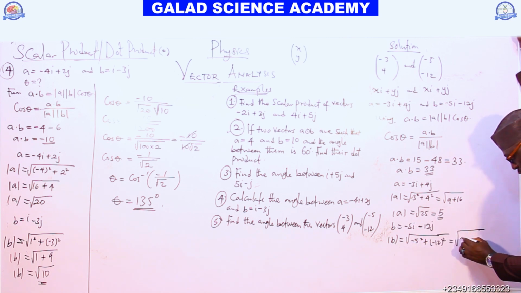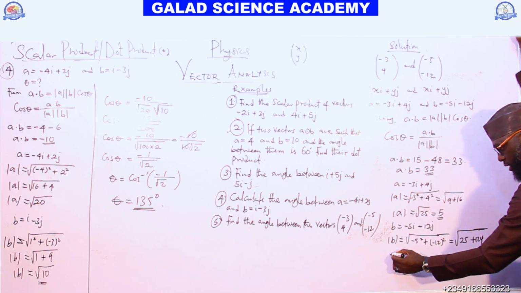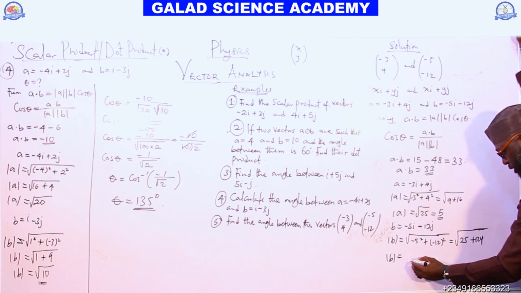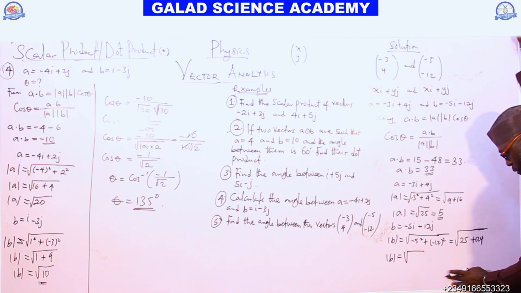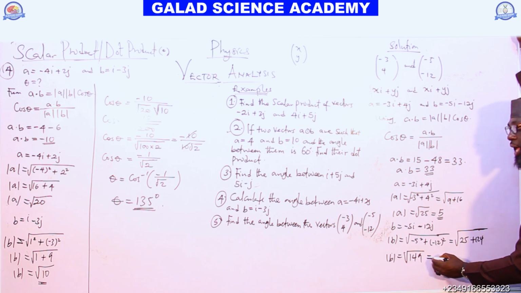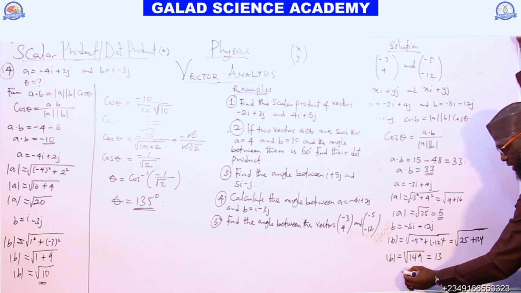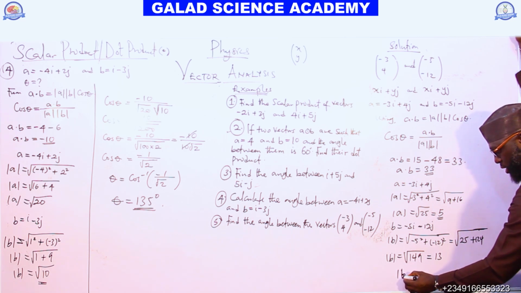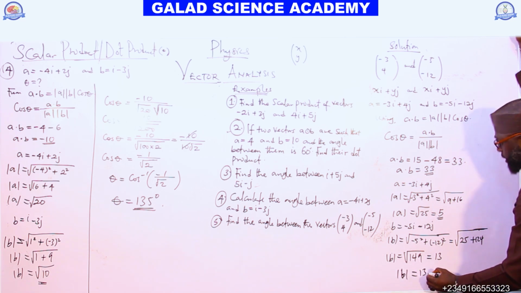Minus 5 squared is 25, minus 12 squared is 144, and 144 plus 25 is 169. The B magnitude will be the square root of 169, which is 13.